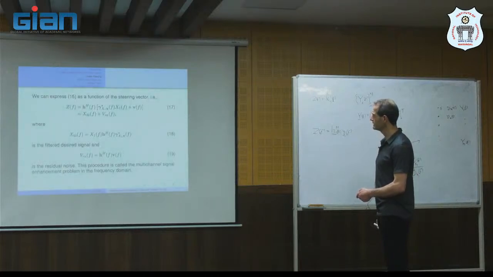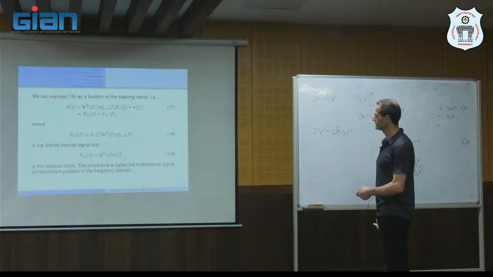So we have here that the estimate of x1 is h conjugate transpose multiplied with y, and we write y like this. So we have two components. One component is the filtered desired signal, and one component is the residual noise.